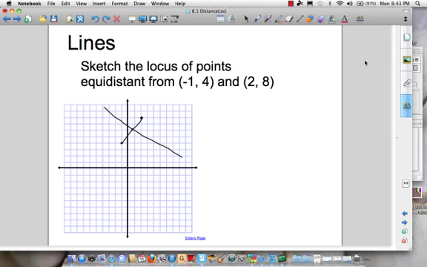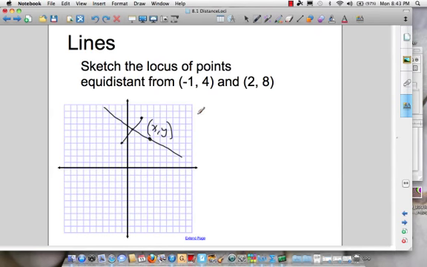So what I'm going to do is just call any point that is part of the locus (x, y), and I'm going to again use the distance formula. The distance between (x, y) and each of these other 2 points should be equal.